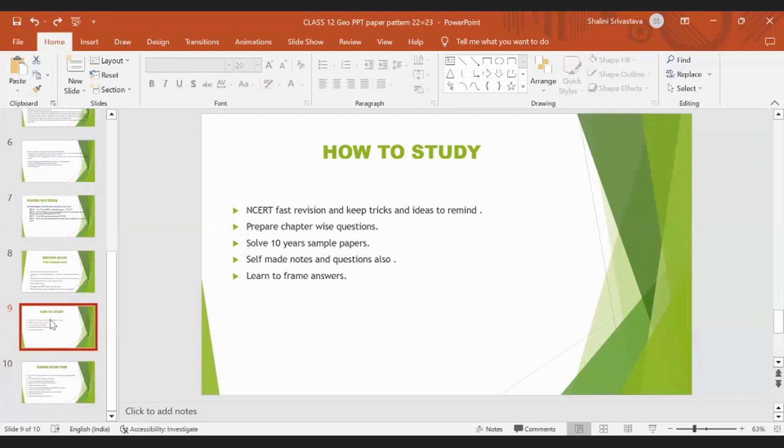Maybe a value-based question will be asked and you'll be able to give the answer if you have prepared your own questions. Solve 10 years of sample papers. Self-made notes and questions are also very important. Learn to frame answers. You should know how to write the answers on your own.